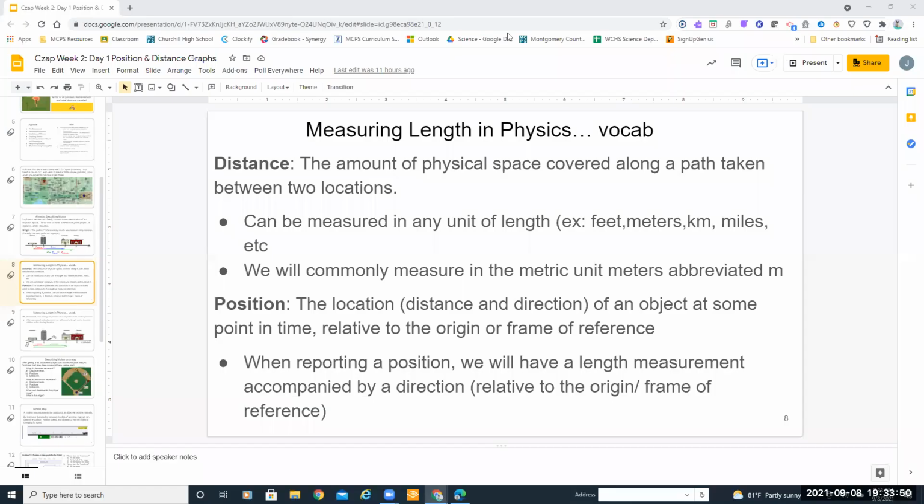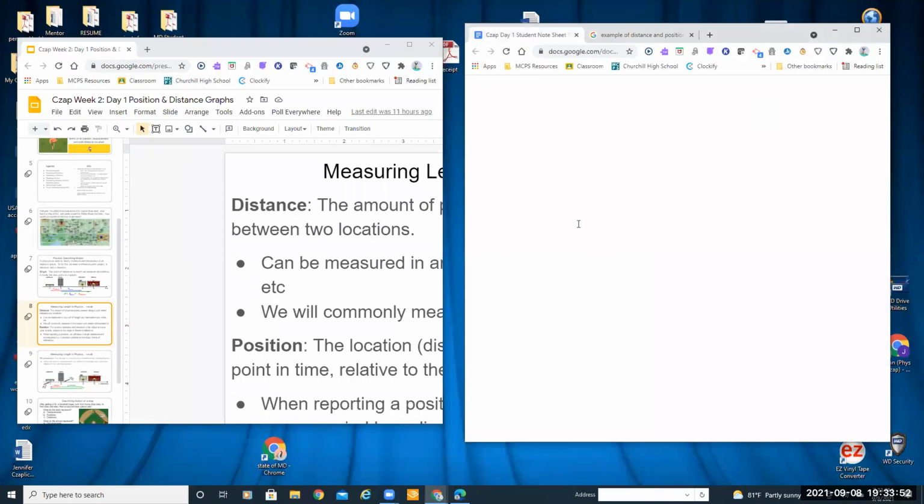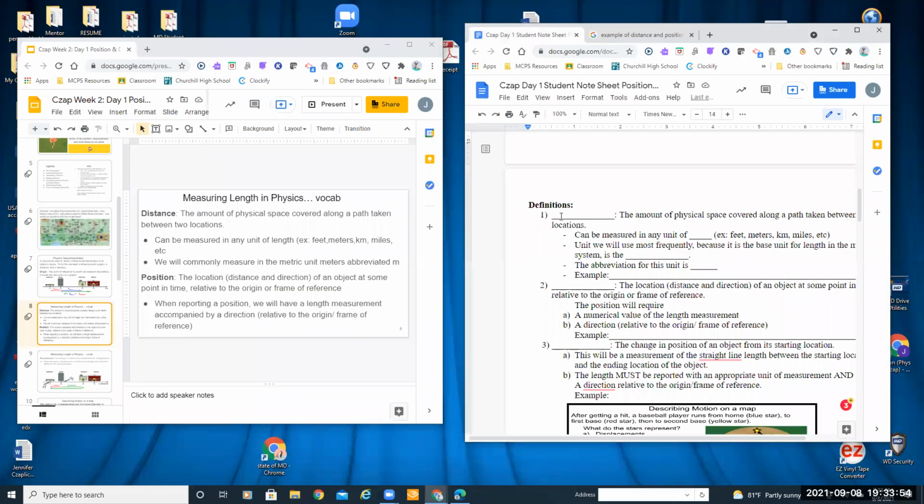Okay, so let's come back to that note sheet. And number 1, distance. Distance is the amount of physical space covered along a path taken between two locations. What is your path length? How far are you traveling as you go from one location to another?